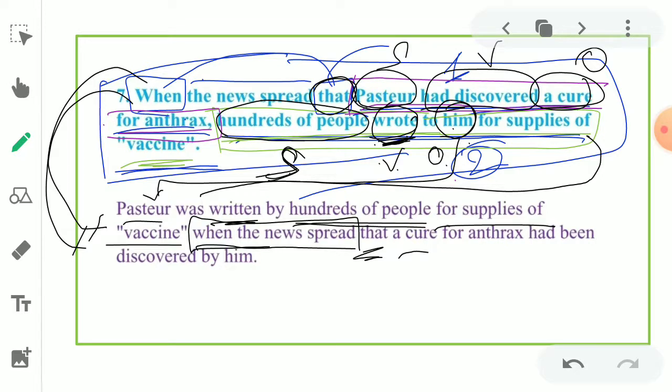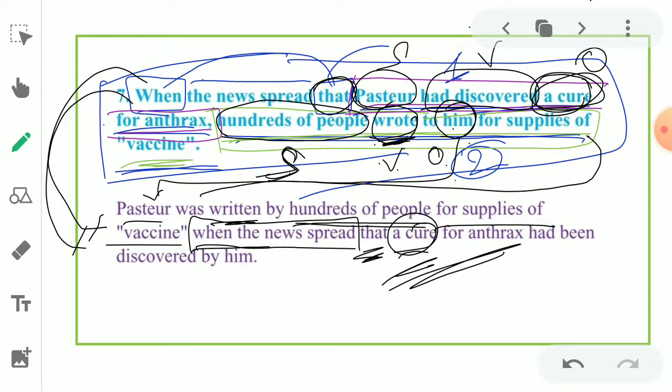Here, cure is used as a conjunction to combine two sentences together. So cure, the object of the first sentence, is used as the subject. A cure for anthrax had discovered.